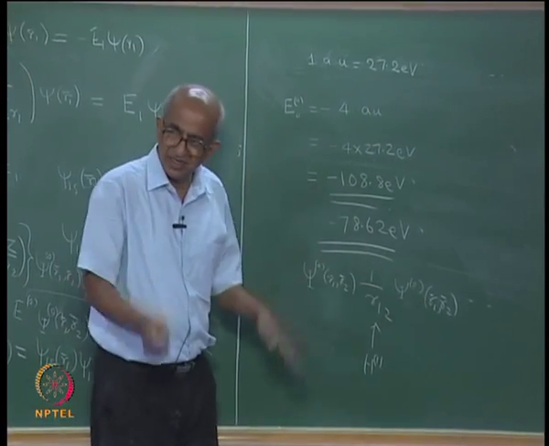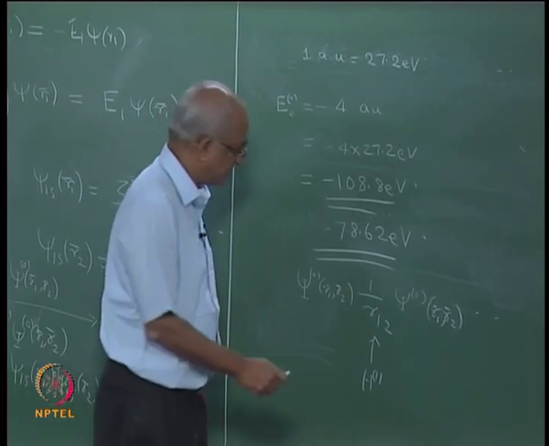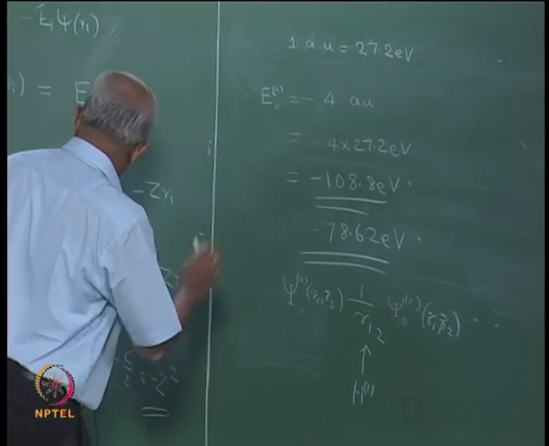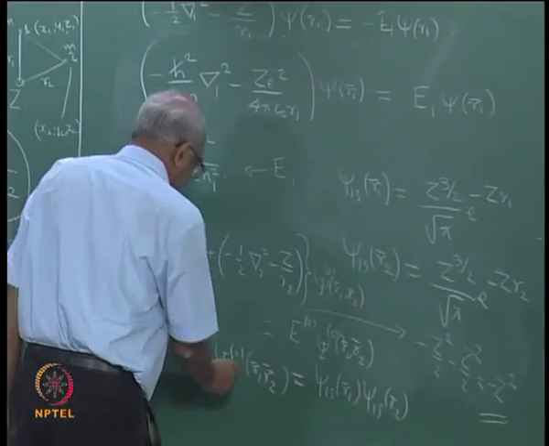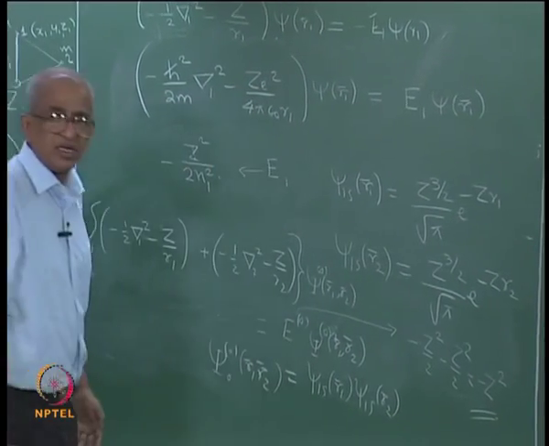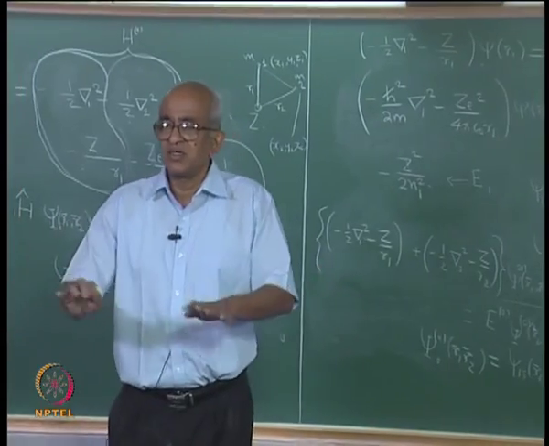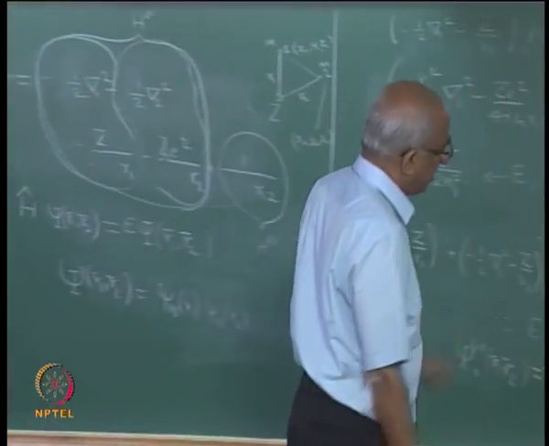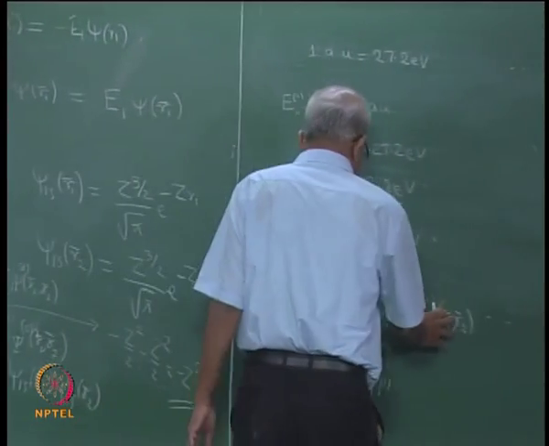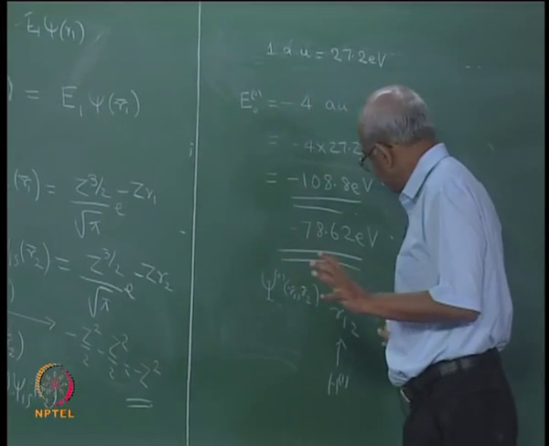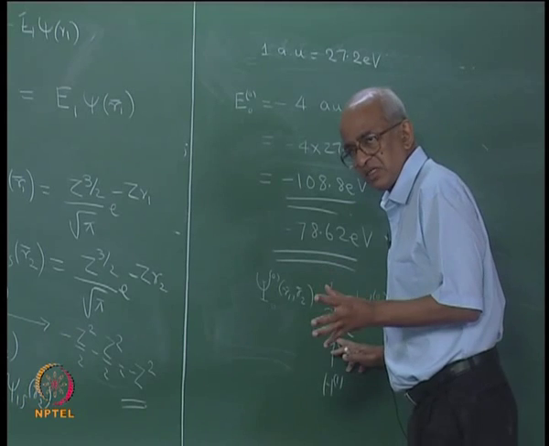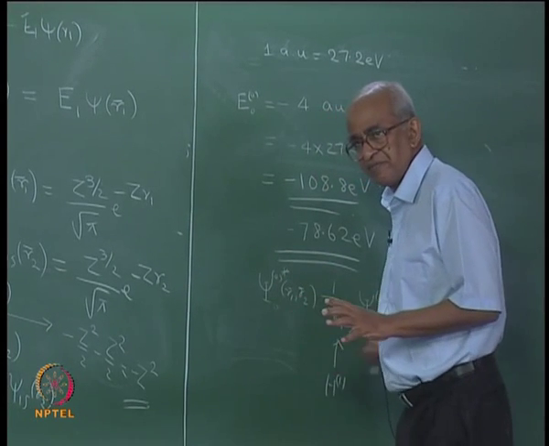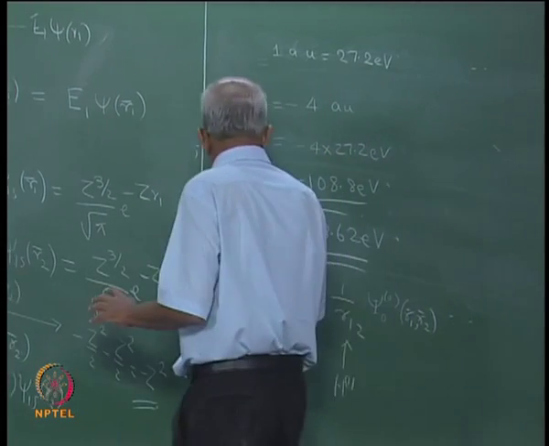Again, there are too many subscripts, so maybe I should put a 0 here also to indicate that this is the ground state, but it is not really necessary because I have repeatedly told you that we are interested only in the ground state. So you will take the ground state wave function for the unperturbed system, the perturbation, multiplied by the complex conjugate of this same function, and integrate over the entire space.